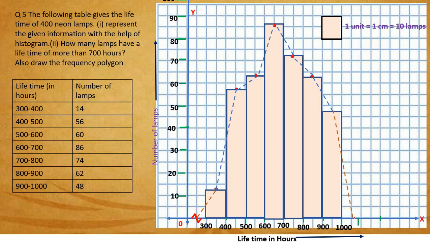This shows the midpoint of 1000 to 1100. So like this we draw the frequency polygon by taking the midpoints of the class intervals and joining them, which gives the curve that shows the frequency polygon. I hope you understand how to draw the frequency polygon and the histogram.